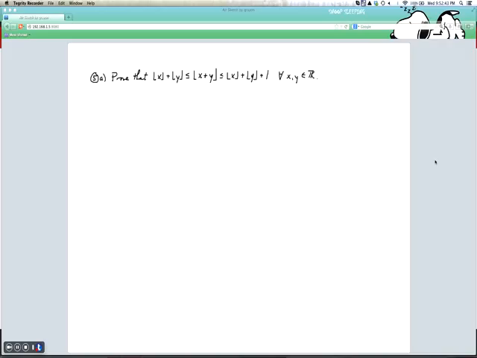So that's the first thing I would do, is look at x and y and write these involving the floor.